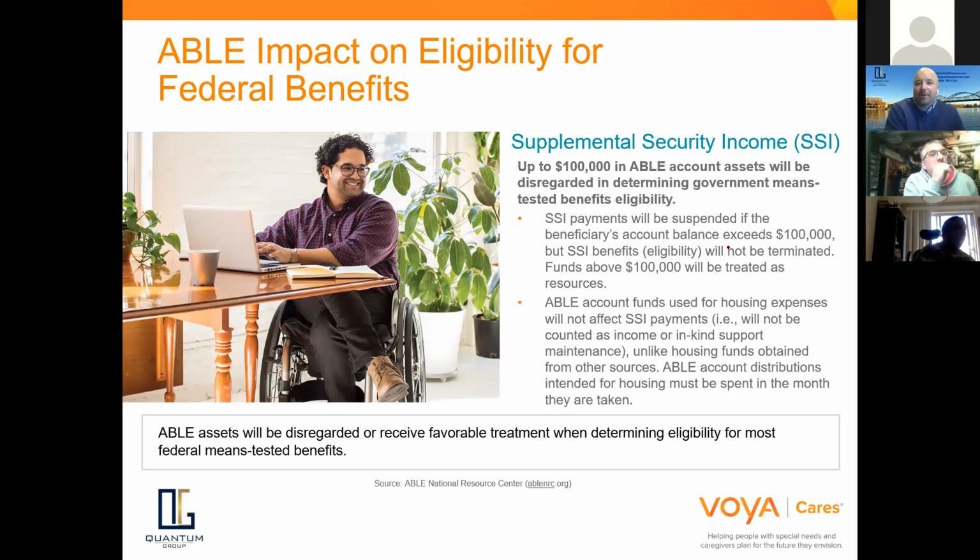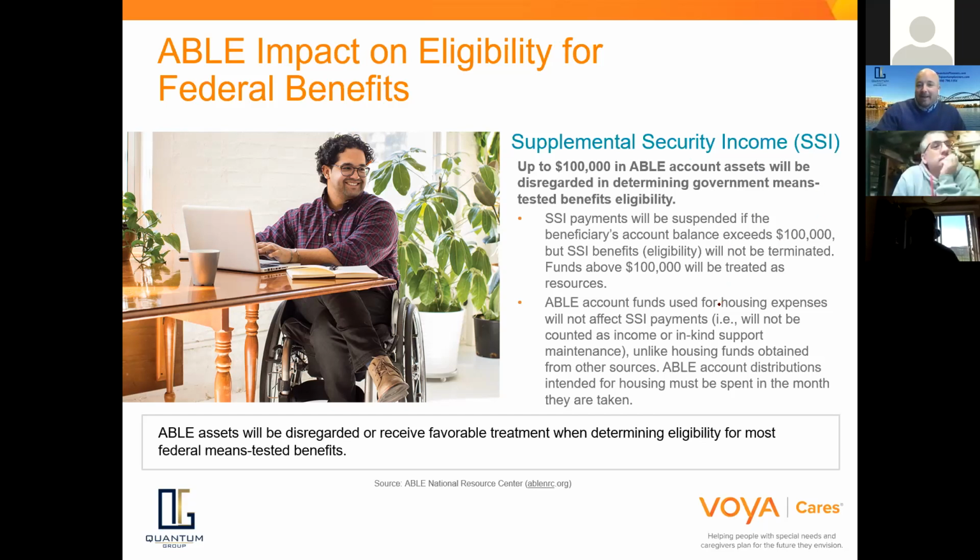Anything over $100,000 in the ABLE account will be considered a countable asset. So essentially, $102,000 in your ABLE account will result in your not being able to have SSI for the period of time that the balance is above $102,000. So that's important to understand.